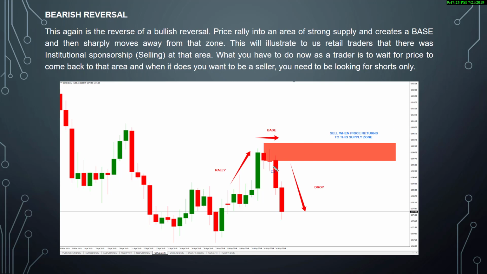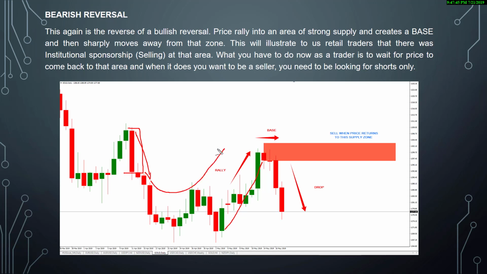You can clearly see gold here. It's a daily chart. Market was rallying to the upside with bullish momentum. See here, supply area, impulsive move to the downside.